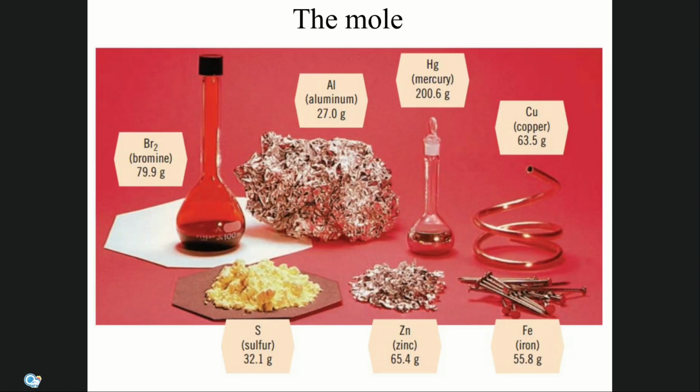Many experiments have refined the number, and the currently accepted value is 6.022 multiplied by 10 to the power of 23 particles. This number is called Avogadro's number in honor of Amedeo Avogadro.